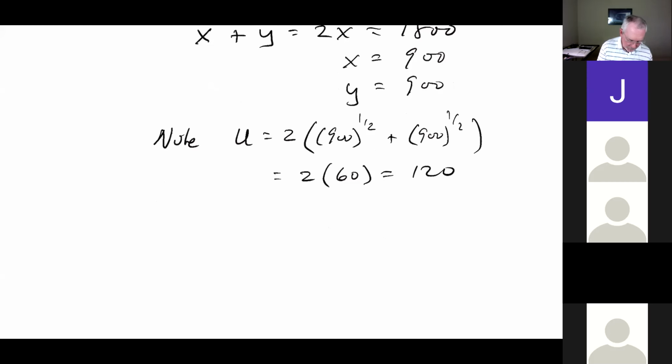part C here. Suppose the price of good X rises to 2. So P prime of X is now equal to 2.